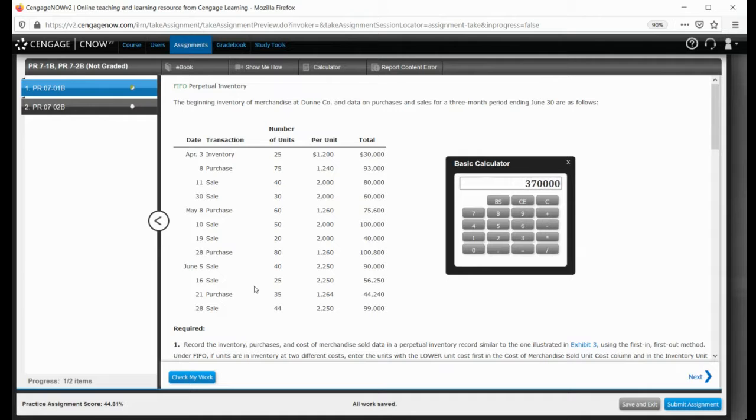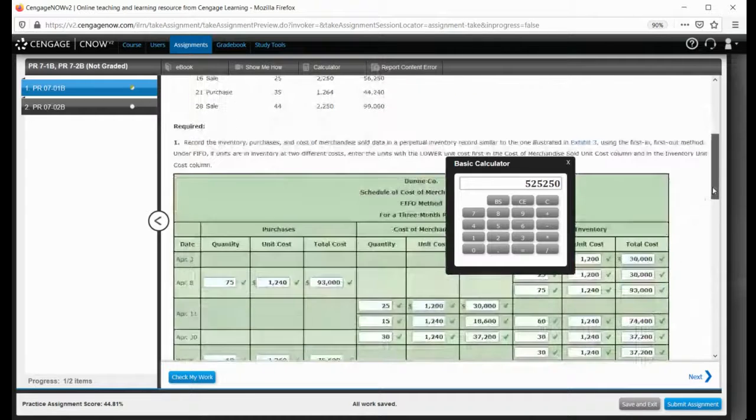I'm going to add to that the June 16th sale of $56,250. And I'm going to add my last sale, which was $99,000 on June 28th. All of these combined are the total sales.